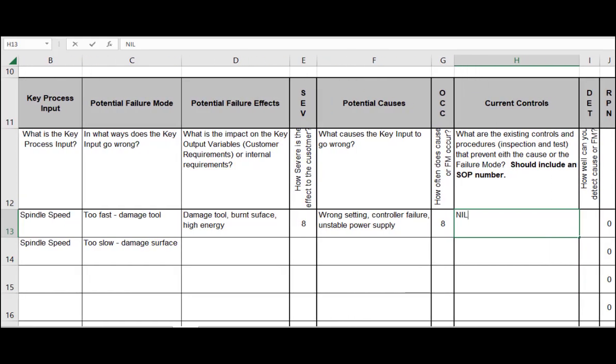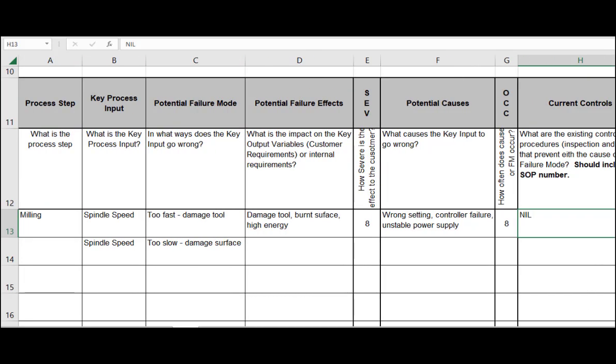Then detection, how well you can detect the cause or the problem. Okay, so maybe here is 5. Right, so the template will calculate RPN directly based on the rating that we give.